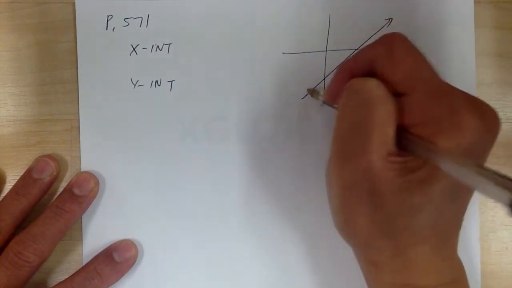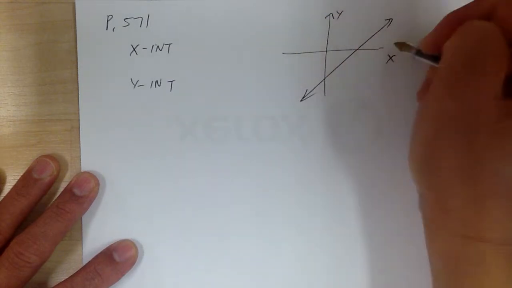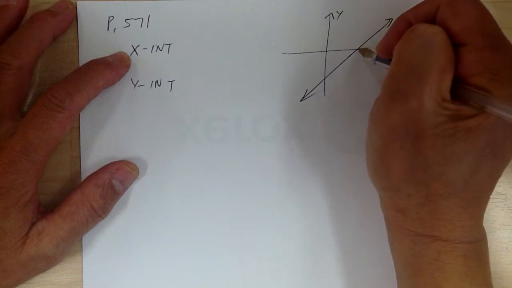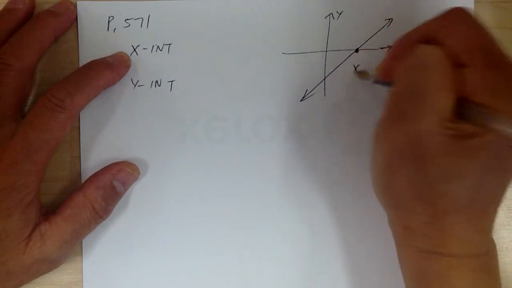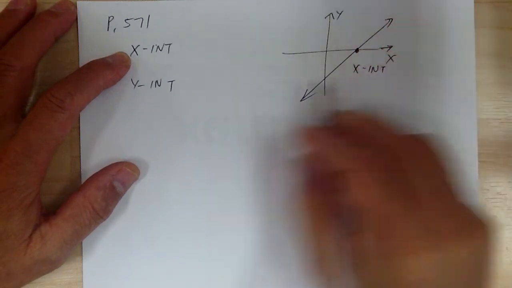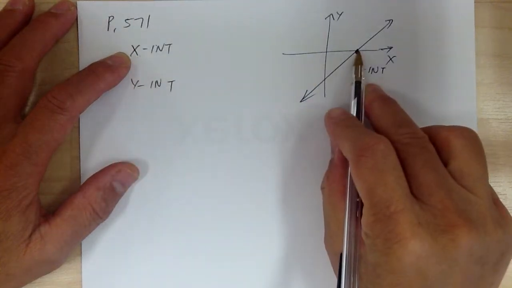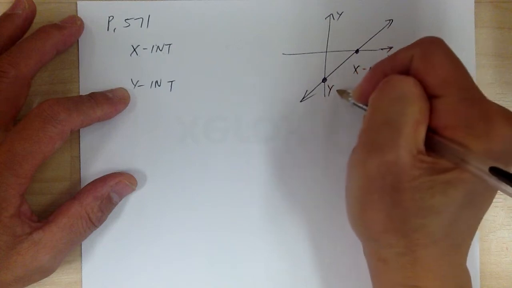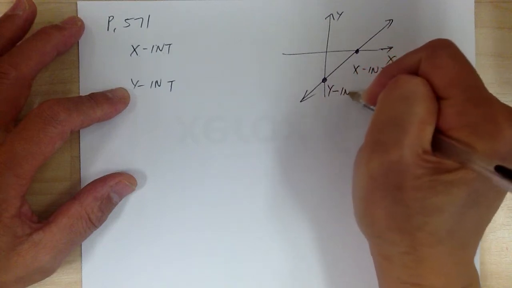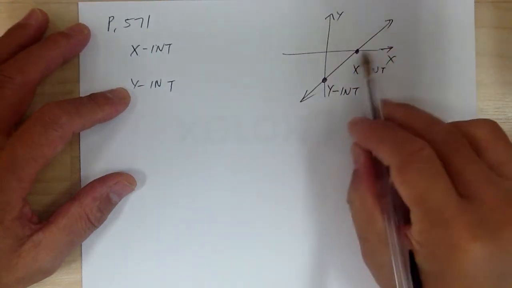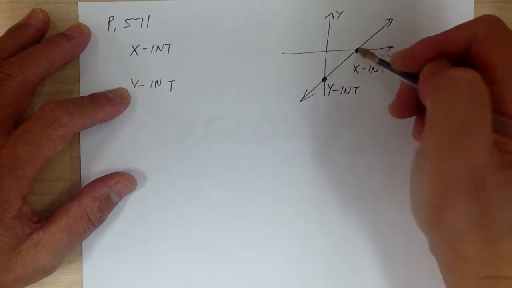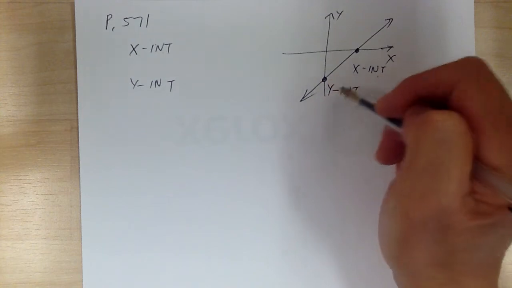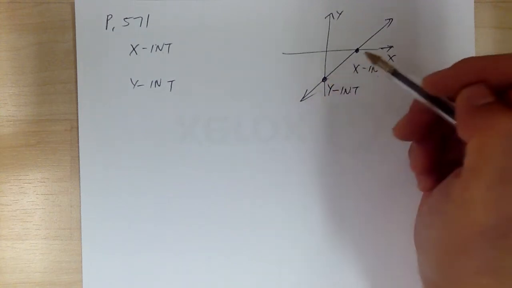If you have a graph like this, the x-intercept is where it crosses over the x-axis. The y-intercept is where it crosses the y-axis. You can see this is your x-axis. When it crosses over, that's what intercept means. It crosses over the x. The y-intercept is when it crosses over the y.